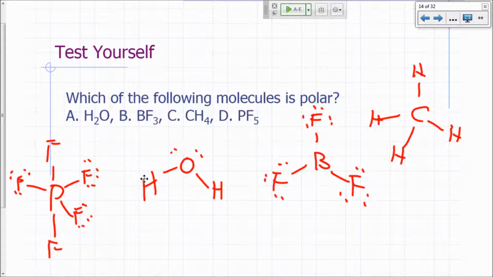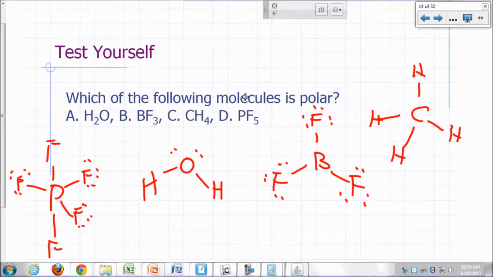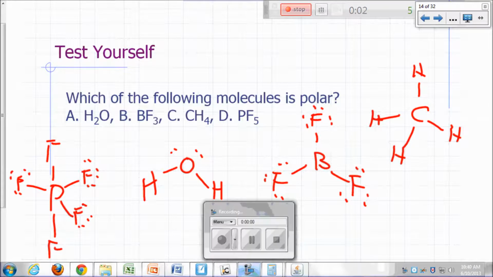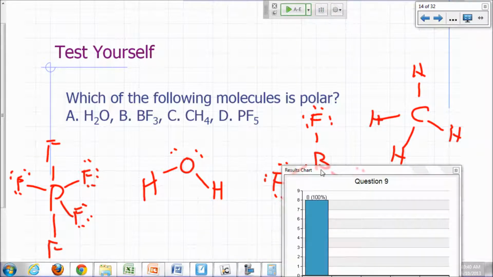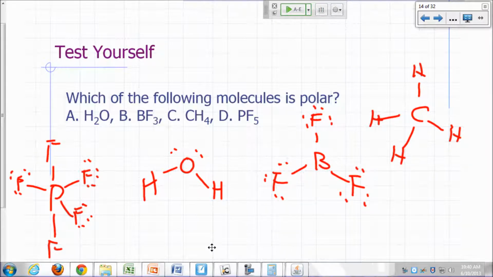A, B, C, or D? It's actually an easy one, because you didn't even have to know the others, right? You already know one of these is polar, which is what? Water. Very good. Now, why are these other ones non-polar?